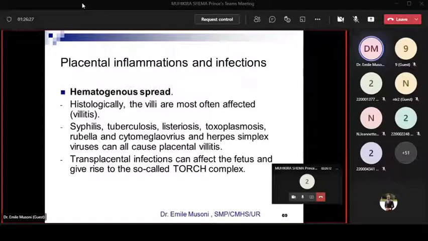Inflammation caused by pathogens such as syphilis, tuberculosis, listeriosis, toxoplasmosis, rubella, cytomegalovirus, herpes is what we call TORCH: toxoplasmosis, rubella, cytomegalovirus, and herpes. As a medical doctor, you must know what you call TORCH. Those are involved in placental inflammation.